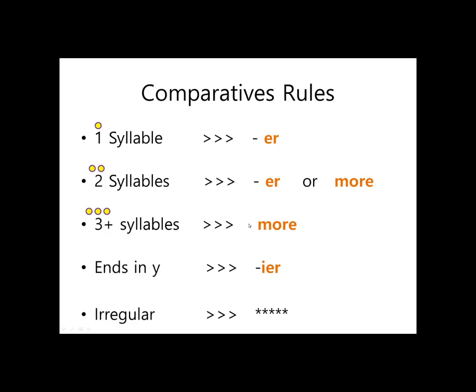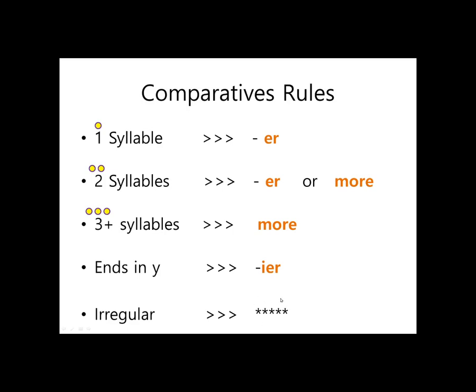Three syllables, we use the word more before the adjective, so three or more syllables. If an adjective ends in y, we change the ending to ier, and some adjectives are irregular. That means they don't fit these rules.